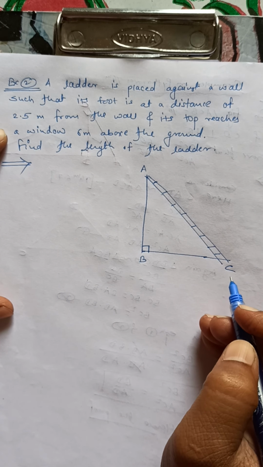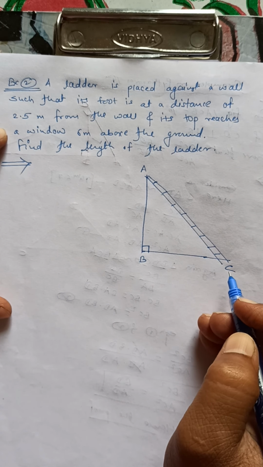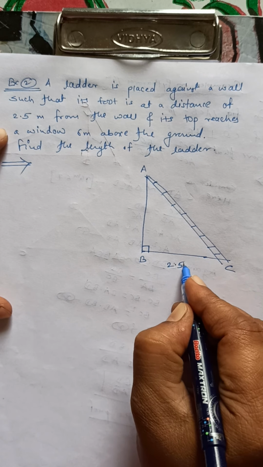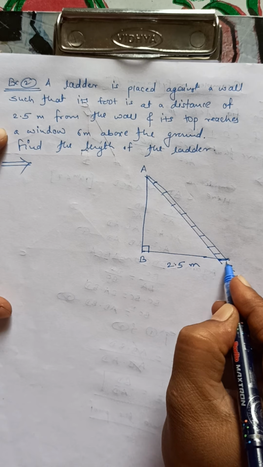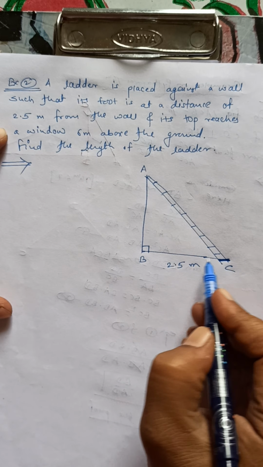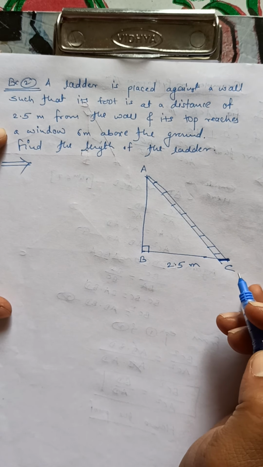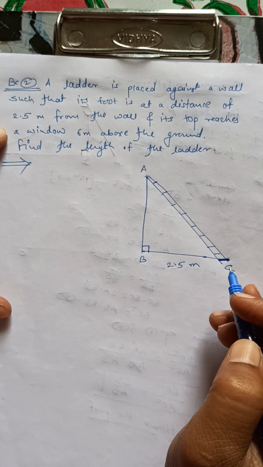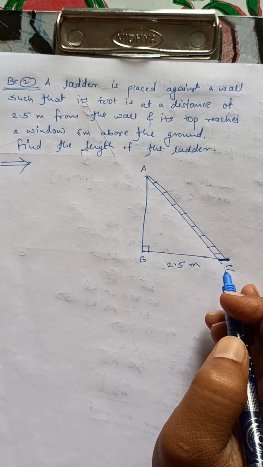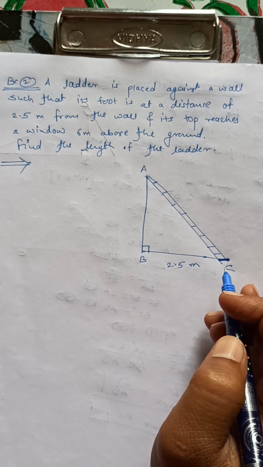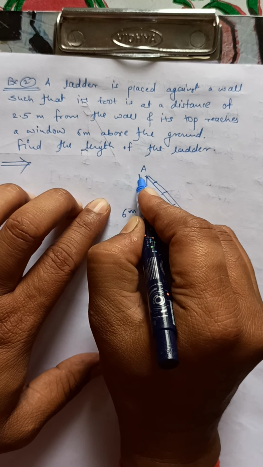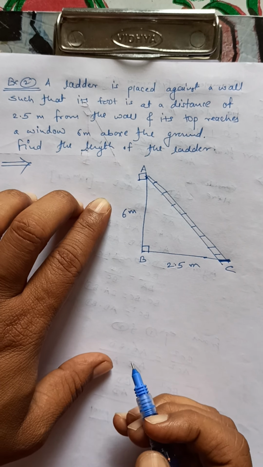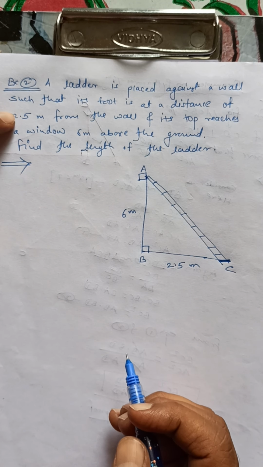So its foot is at distance 2.5 meter from the wall. This is the ladder's foot. From the wall, it is 2.5 meter away, and its top reaches a window 6 meter above the ground. So this is 6 meter above the ground. Here it is a window. Okay. So this distance is 6 meter.